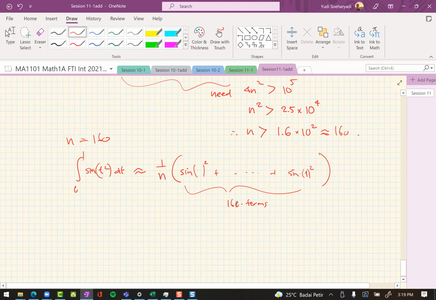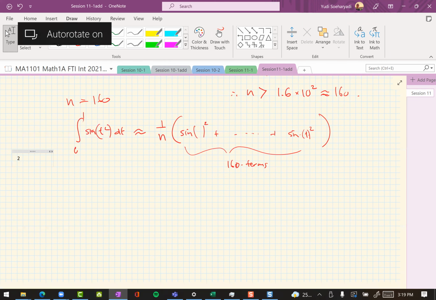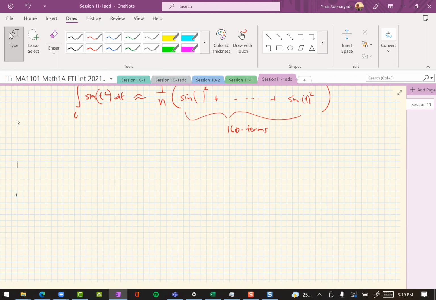Okay, well, let's do the parabolic method, because that's so far the most sophisticated tool we have. So use this parabolic method.